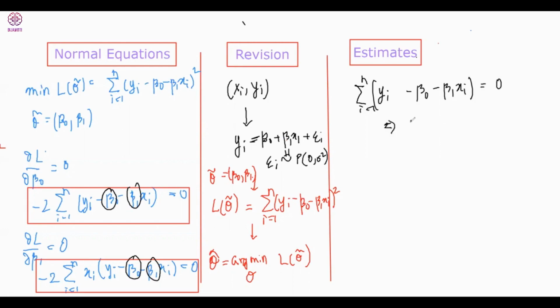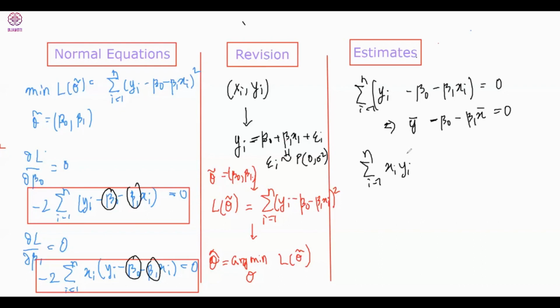I will write it in terms of y bar with 1 by n, because that makes much more statistical sense: y bar minus beta naught minus beta 1 x bar equals 0. From the second, we get the summation of xi yi minus beta naught times the xi's, with a 1 by n before the summation.